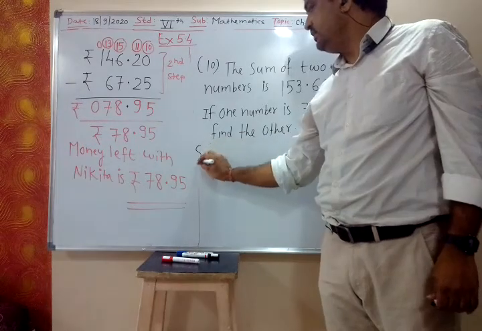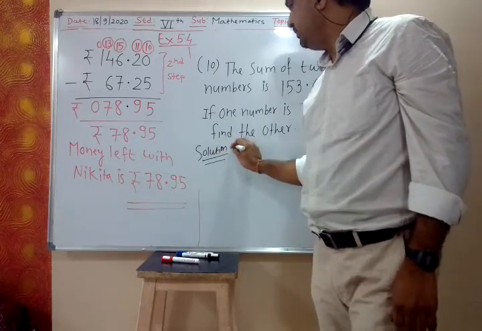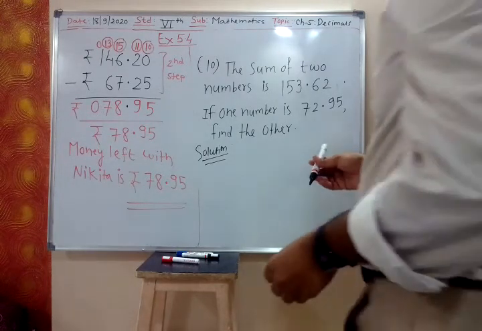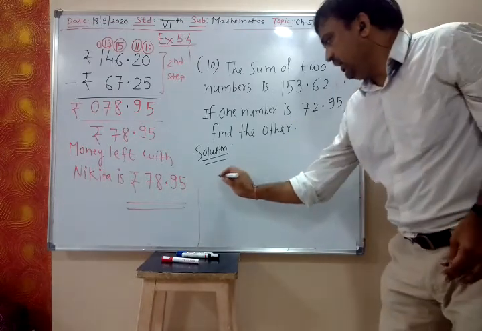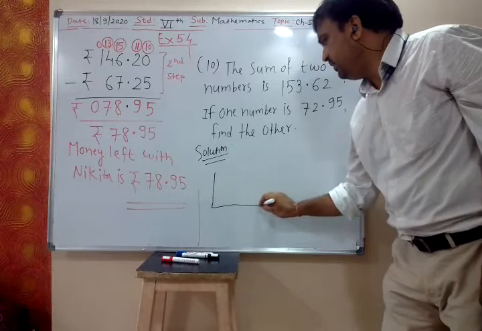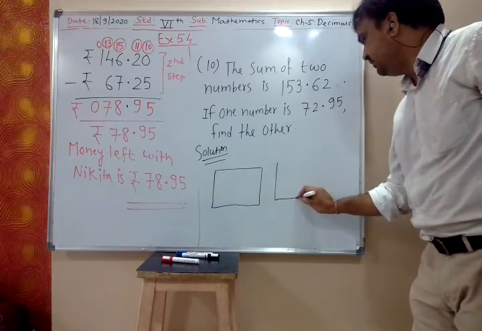So let us solve this. See, there are two numbers. This is one number, and this is the other number.